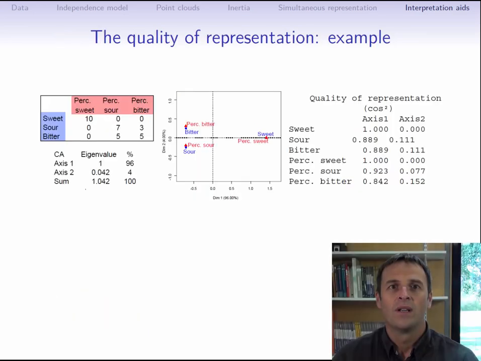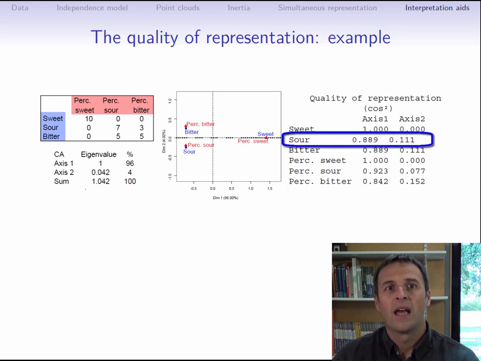Let's look now at the quality of representation in our toy dataset on tastes, in which there was confusion between sour and bitter. Look at the sour point. It has a quality of representation of 0.89 on the first dimension and 0.11 on the second. This means that it is much further away from the mean in the first dimension than in the second.